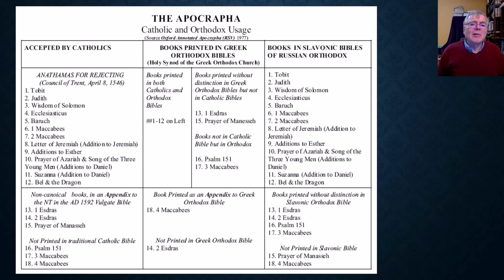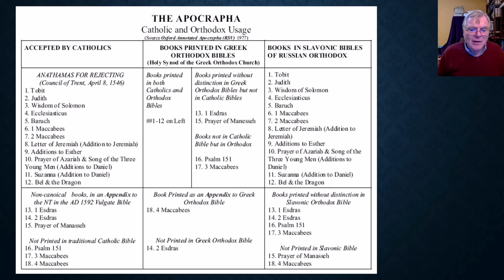But anyway, Greek Orthodox accept all 12 of the first 12 books that are accepted by Catholics, but they print without any distinction 1st Ezra's and the Prayer of Manasseh. And they also print, again, not found in the Latin Vulgate, Psalm 151 and 3rd Maccabees, but then they don't have 4th Maccabees.